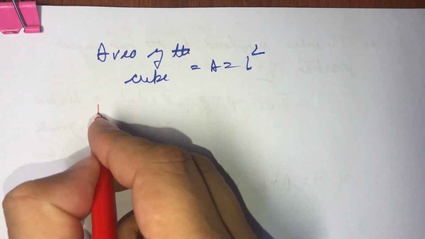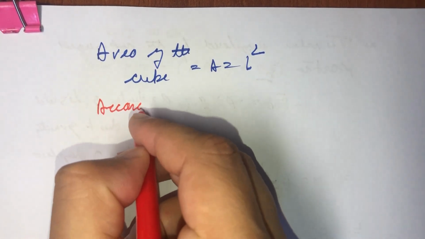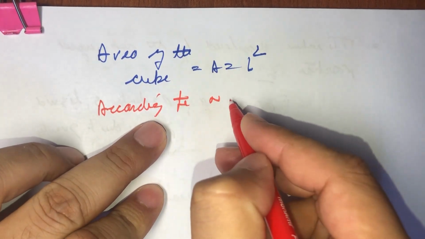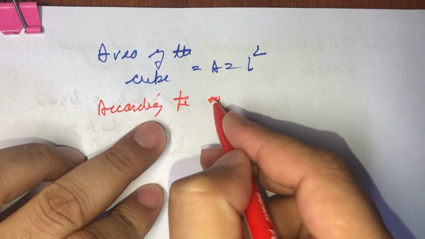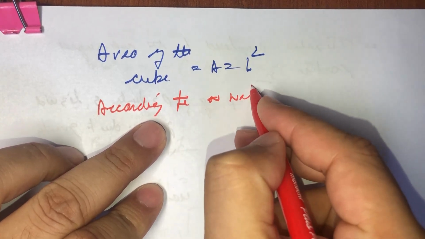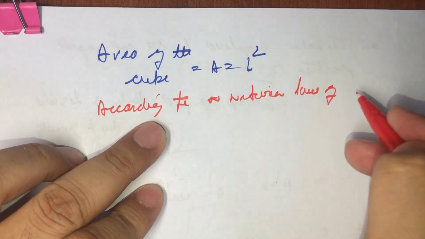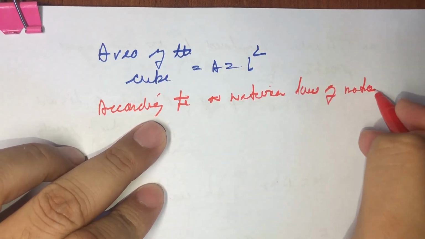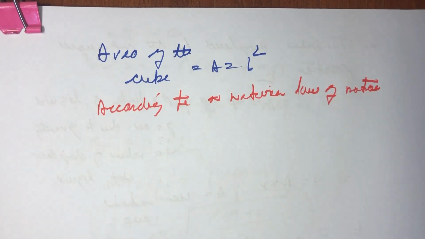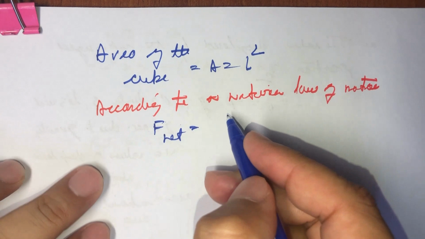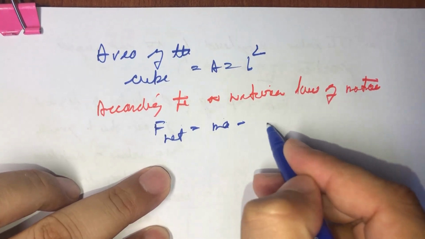So according to Newton's laws of motion, F net is equal to mass into acceleration.